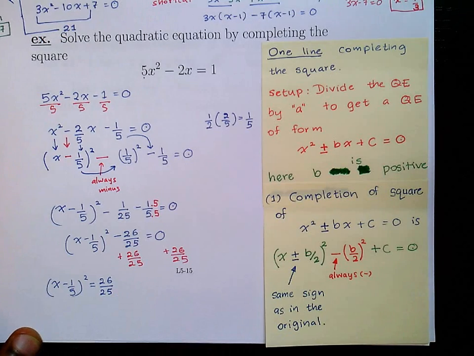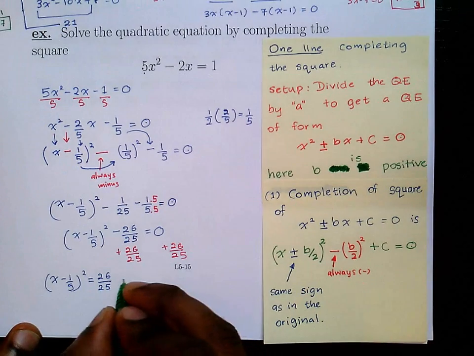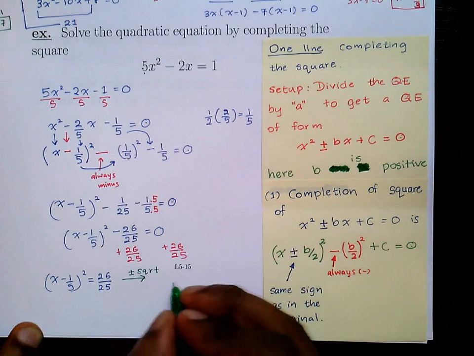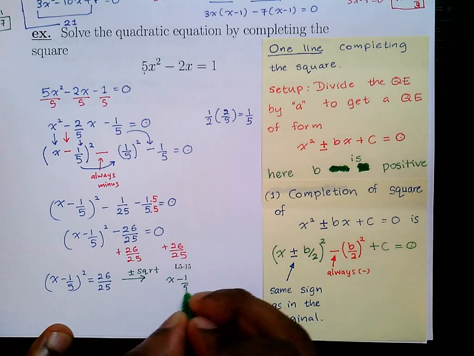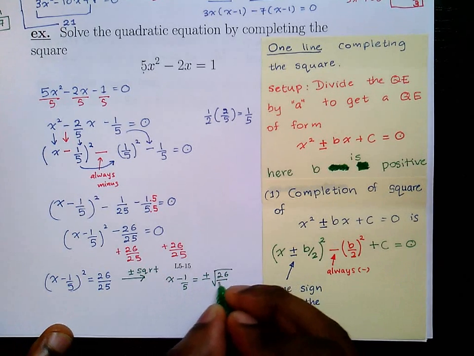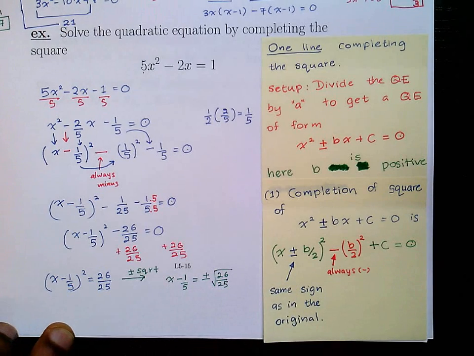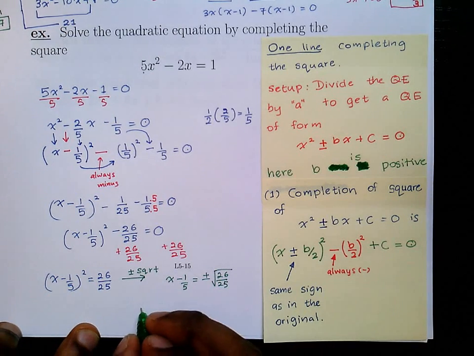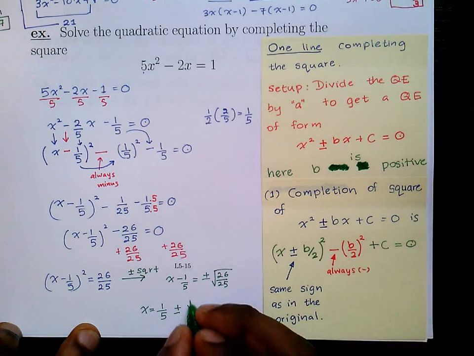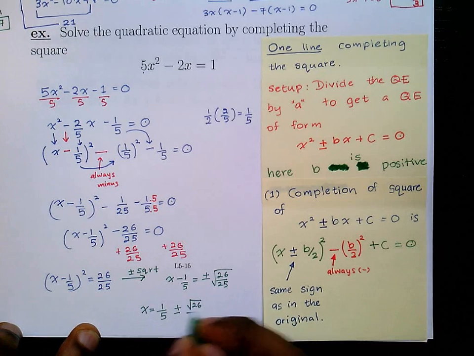Now this is the case where you take the square root, plus or minus square root. So you get x minus 1/5 is equal to plus or minus square root of 26 over 25. Now this can be written as x is equal to 1/5 plus or minus square root of 26 over the square root of 25.